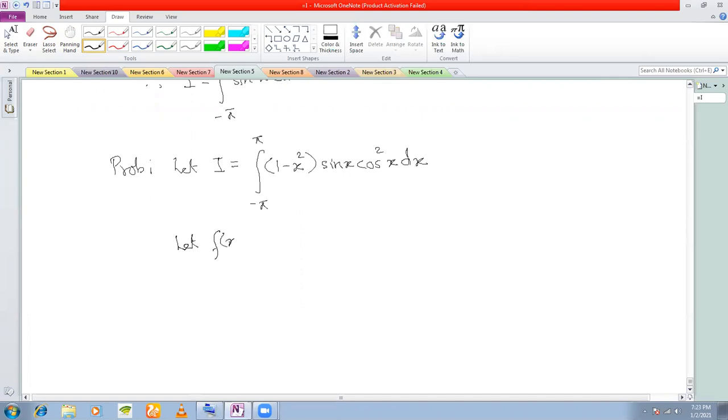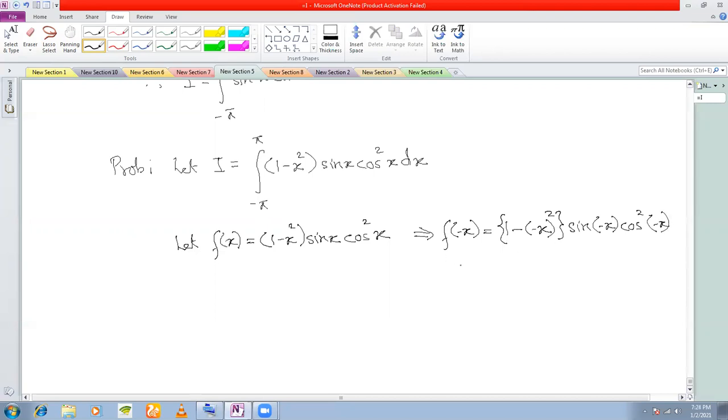Let fx is equal to 1 minus x square, sin x cos square x. That means f minus x will be 1 minus, now replace x by minus x. Again, replace in your sine x by minus x, and also in your cos, replace this by minus x. Then see what happens.